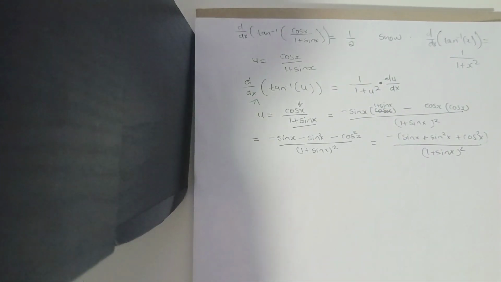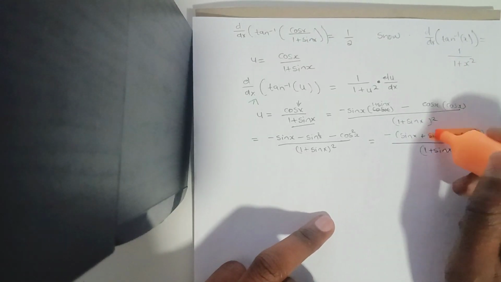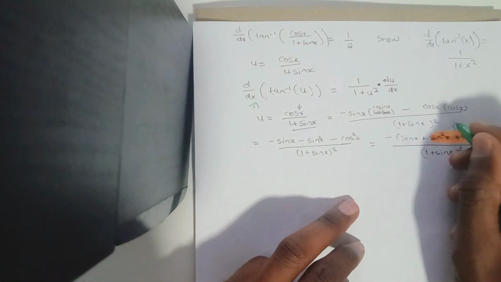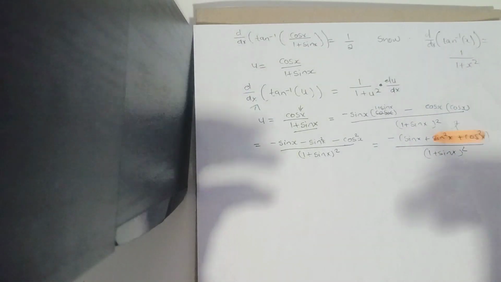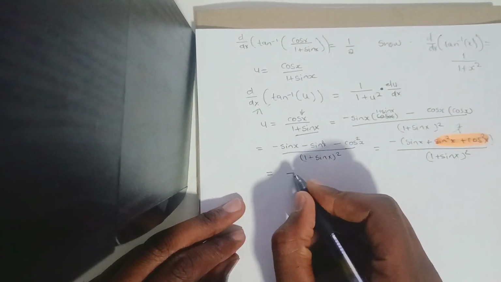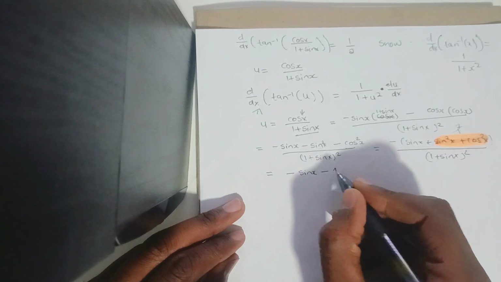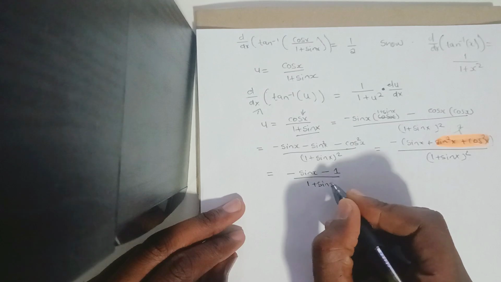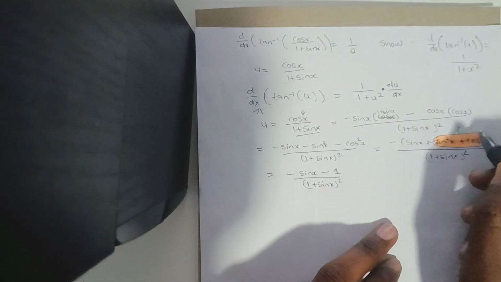So with this you can see that I've now obtained something like the square identities, which is 1. So now we have minus sine x minus 1 divided by 1 plus sine x all squared, right? Because we replaced this by 1.